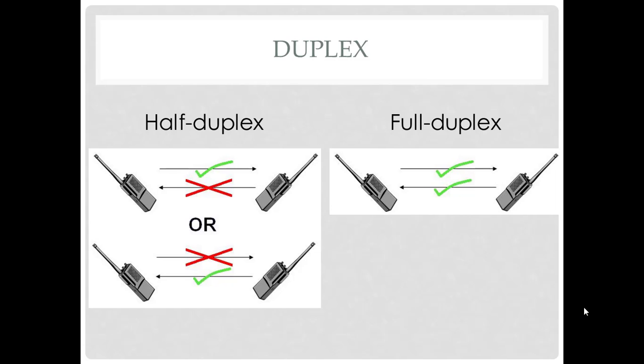When the local user wants to speak to the remote person, they push this button, which turns on the transmitter but turns off the receiver, so they cannot hear the remote person. To listen to the other person, they release the button, which turns on the receiver but turns off the transmitter.